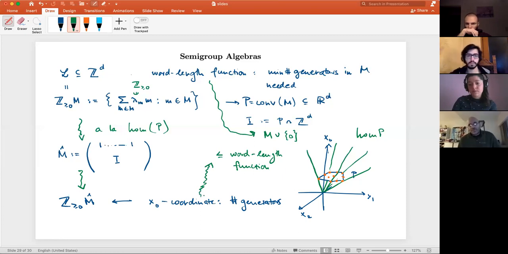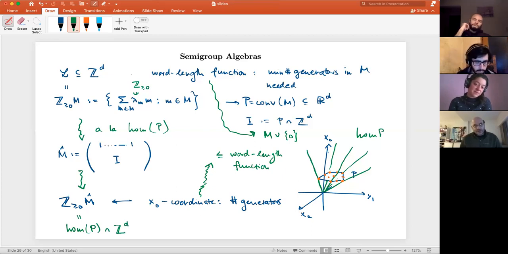So this sometimes, you can see this in my picture, right, this sometimes is the same as the integer points in Helm P, and sometimes not. Now I'm in dimension d plus 1.